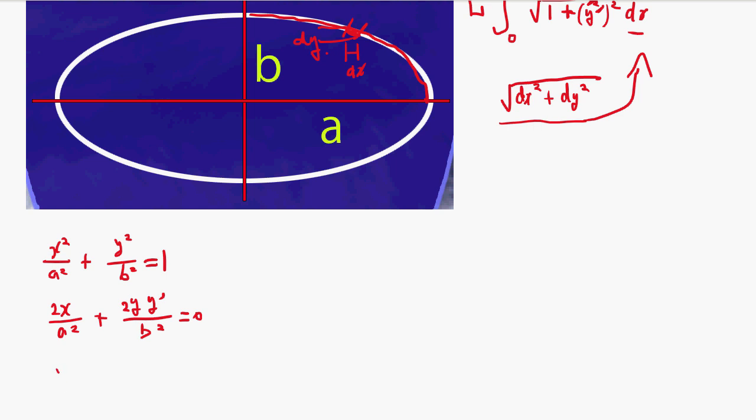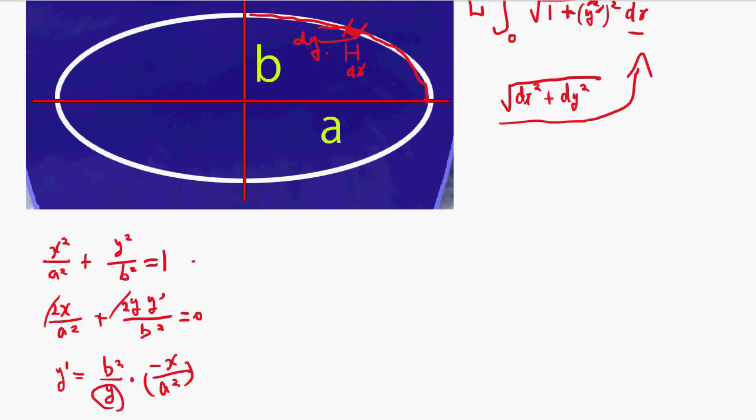So y prime is going to be minus b squared x over a squared y. Is that right?